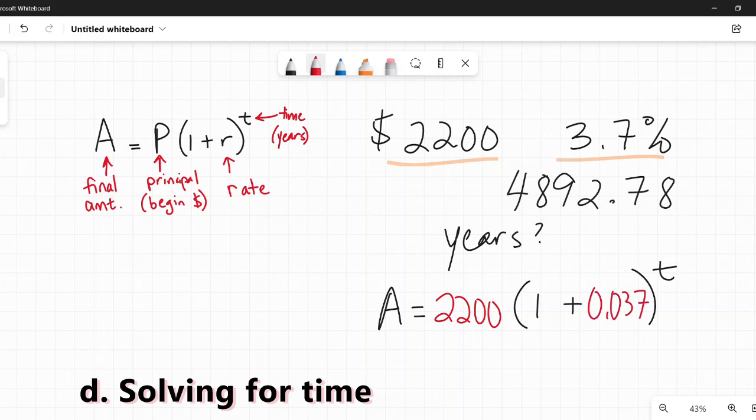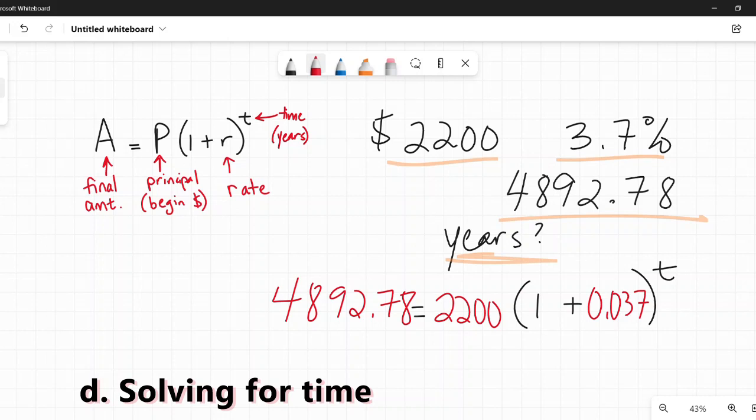To the power of t, we don't know the t. t is the unknown, how many years. And lastly, we're told this amount, that this is the final amount. So we're going to write that over here as the final amount. And they want us to solve for that t, or time.